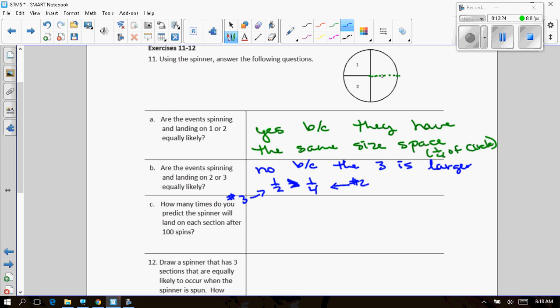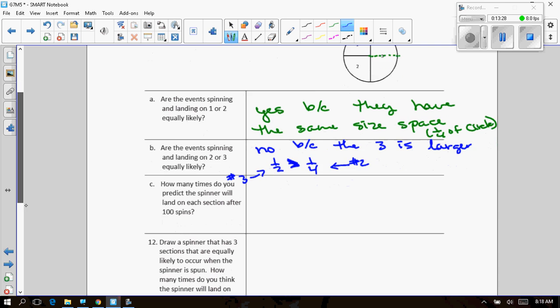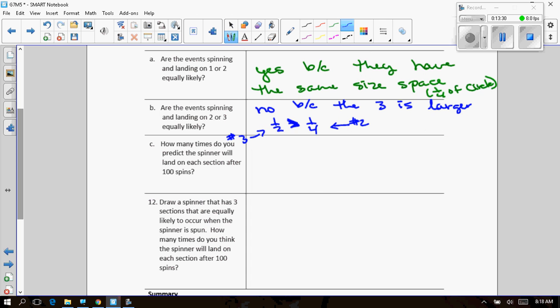How many times do you predict the spinner will land on each section after 100 spins? I would think it's going to land on the number 1 about 25 times, because it's 1/4 of 100. This is what I think would happen. I don't know for sure until I spin it.